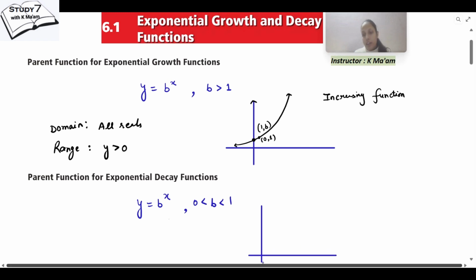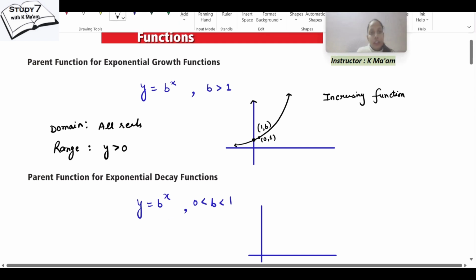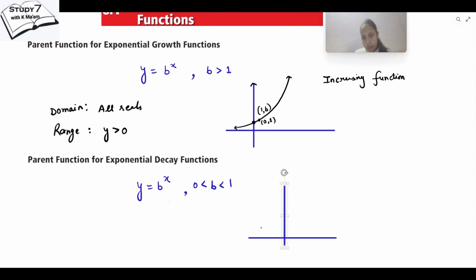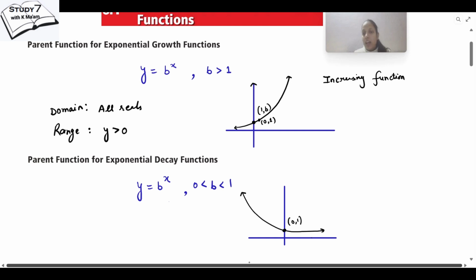The graph of an exponential decay function comes from up to down, like this. It cuts the y-axis at the point (0, 1). And this graph is going down as you move to the right side, so it's a decreasing function.